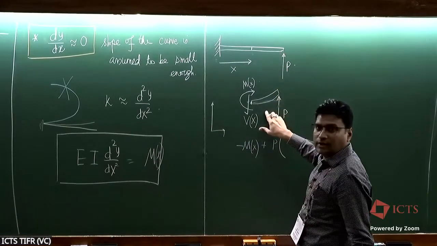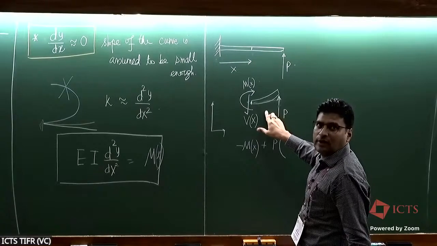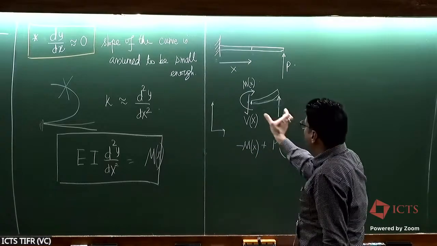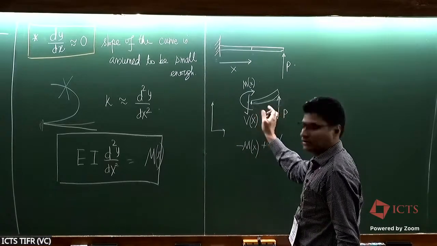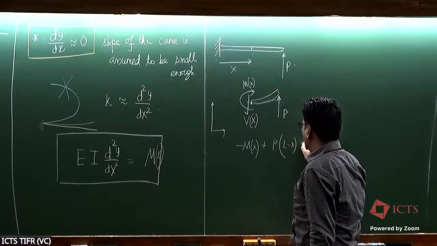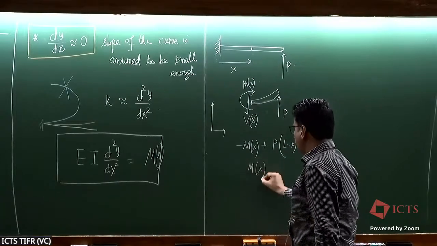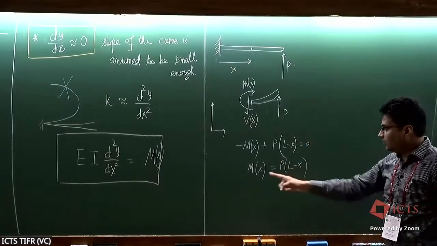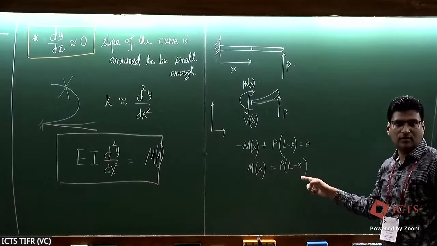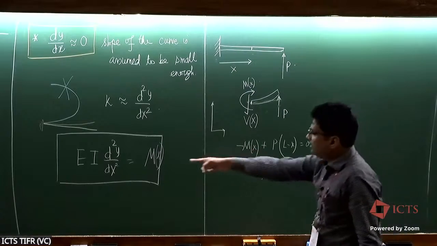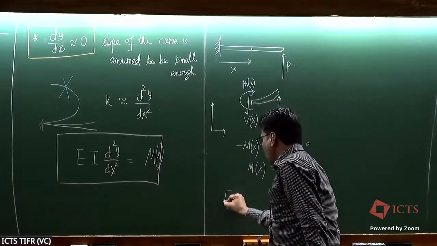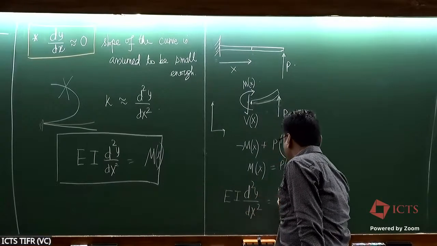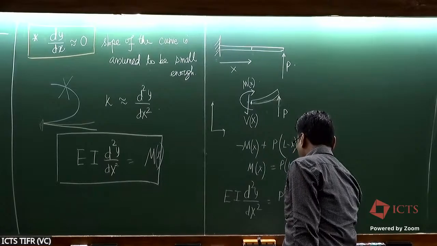In the deformed shape, this is not exactly L minus x, but as I said, axial deflections have to be assumed to be negligible. So you can approximate this as L minus x. Okay, and then you get m of x equal to P times L minus x. And you can see here one example where the bending moment is truly a function of x. And that's something you can plug in here, and your equation simply becomes EI d2y over dx2 equal to P times L minus x.